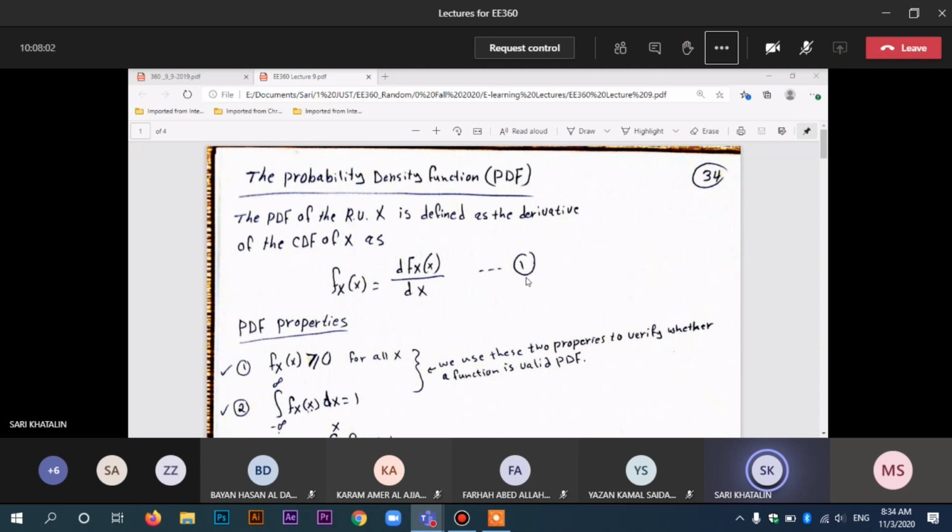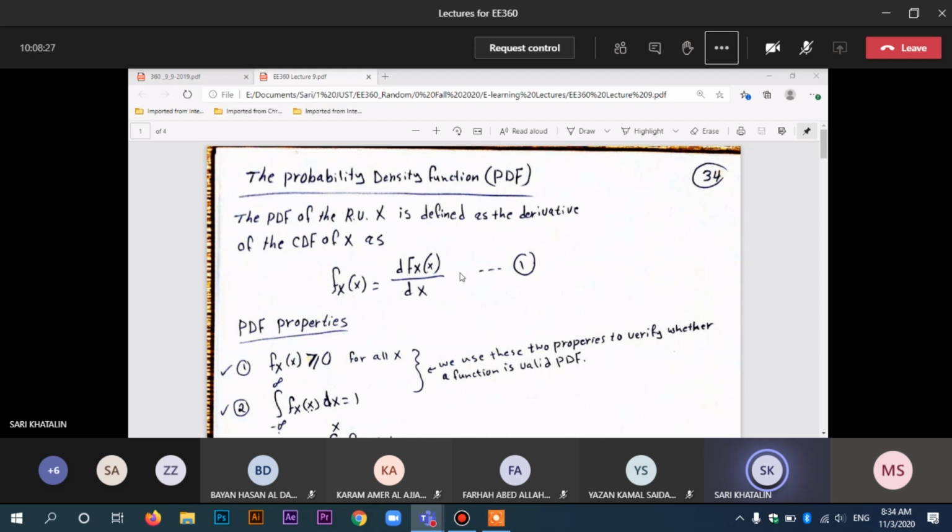As you can see here, in equation 1, the PDF of the random variable x is defined as the derivative of the CDF of x. So if we have a CDF and you want to find the PDF, all you have to do is take the first derivative of the distribution of the random variable with respect to x. That's basically what the PDF is all about.